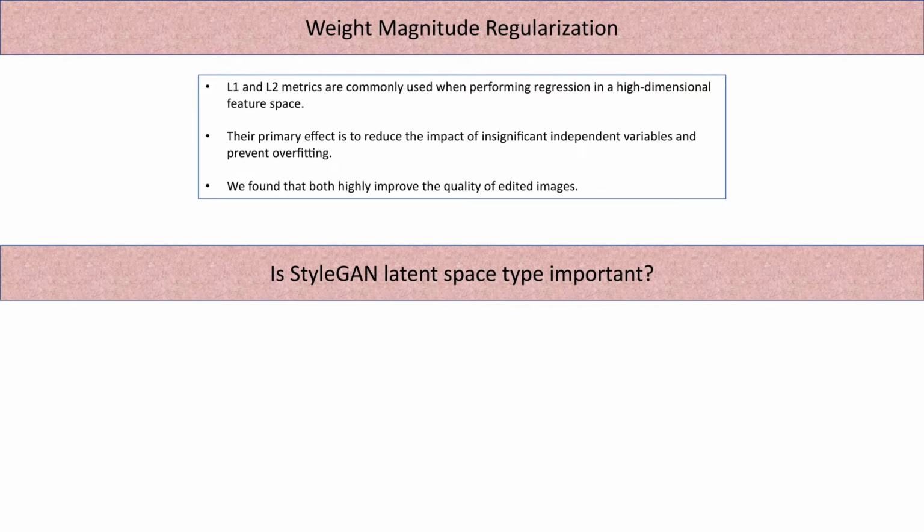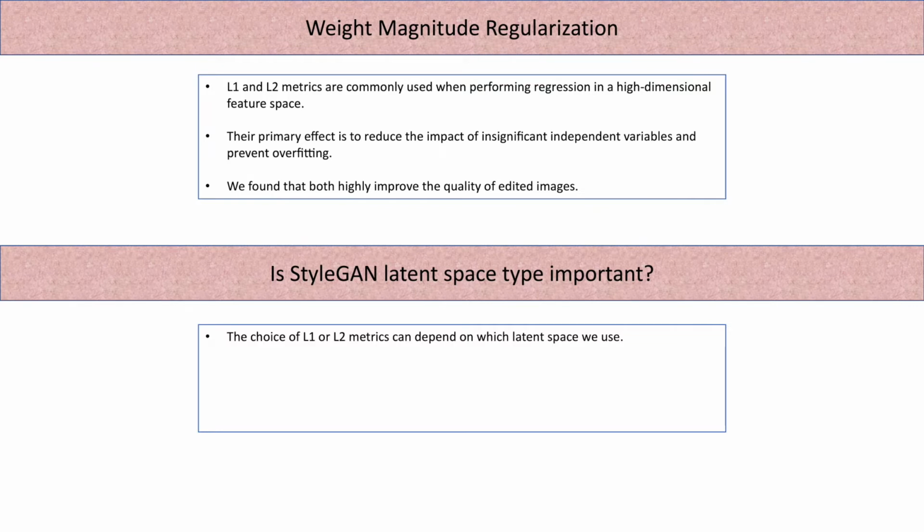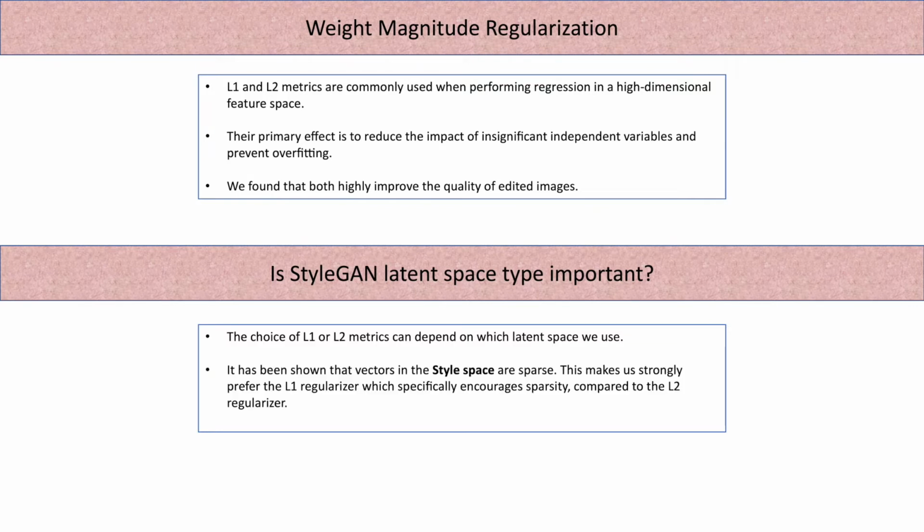Now the question is, is the StyleGAN latent space type important? It can be important. For example, if we are using style space, it is useful to use L1 because we know that the style space of StyleGAN is sparse.